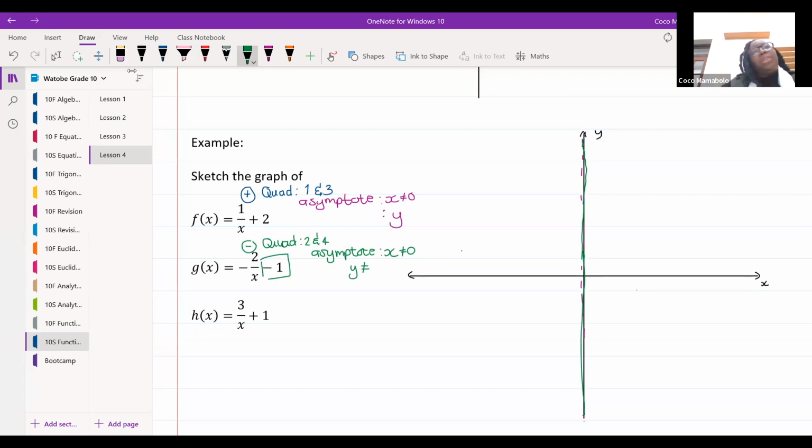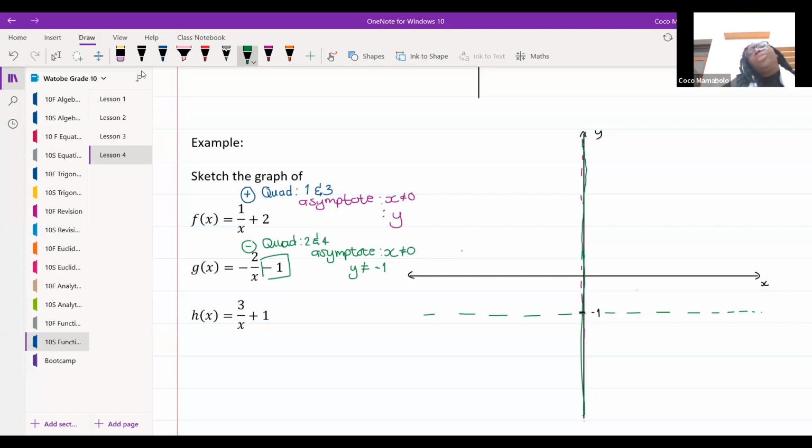So what can y not be equal to? Y cannot be equal to negative 1. Beautiful. So we've already drawn in our x asymptote, so we need to go to our y-axis and draw in the value of negative 1. Okay, are we happy? Yes. Excellent. So we're going to draw it this way.